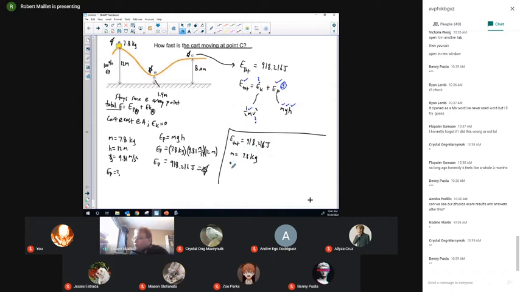I have my little g, 9.81 meters per second squared. And I have my height at this point, at point C, which was 8.0 meters. And so I'm curious, what is my potential energy? I should be able to figure that out.